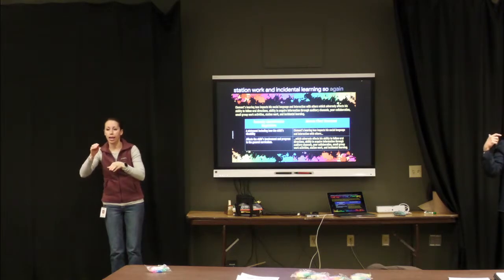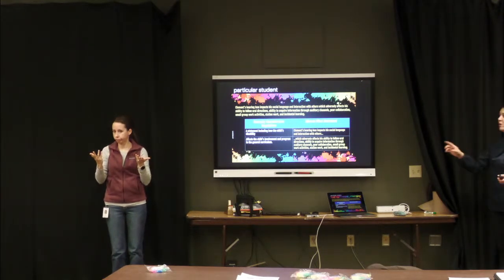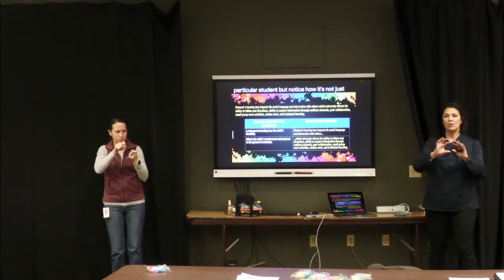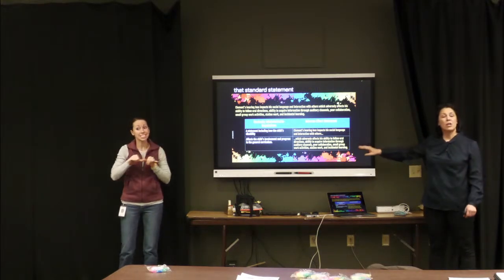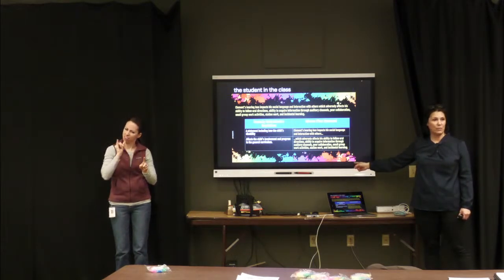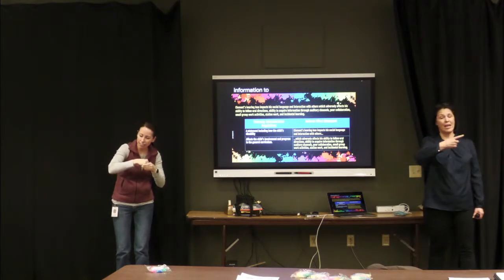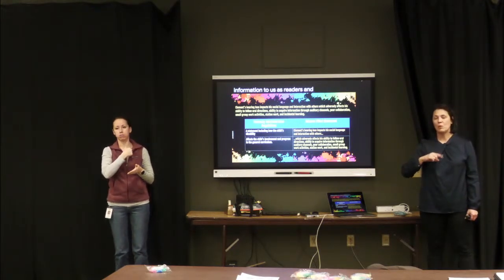So again, this is personalized and individualized for this particular student. But notice how it's not just that standard statement. It's really talking about, this is what we want to know, how is it impacting the student in the classroom? That gives great information to us as readers and instructors when we're working with students.